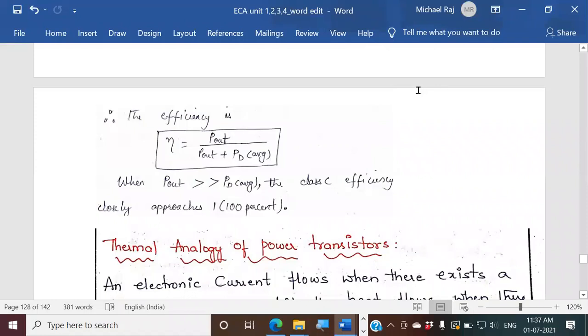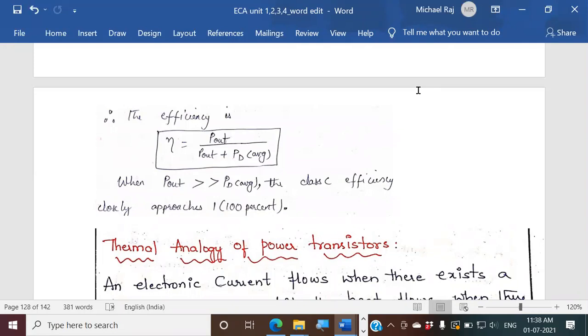Now I want the exact relation. The power dissipation is in the form of heat. I will give you two options.